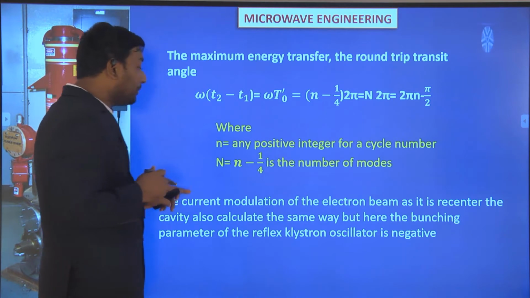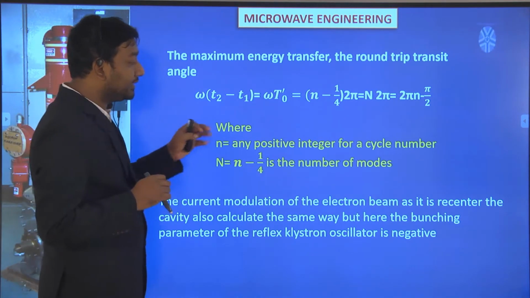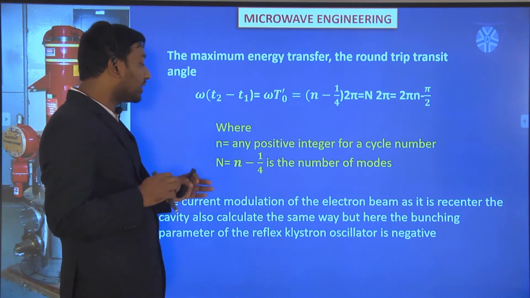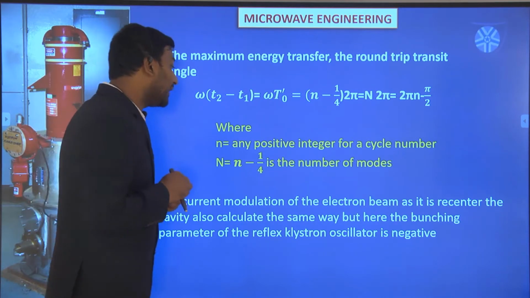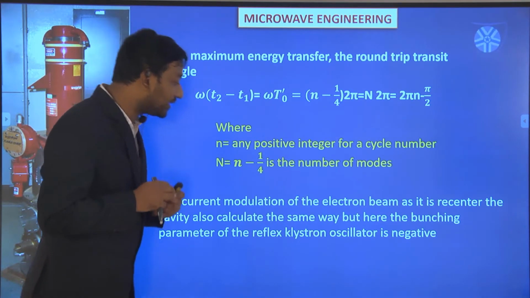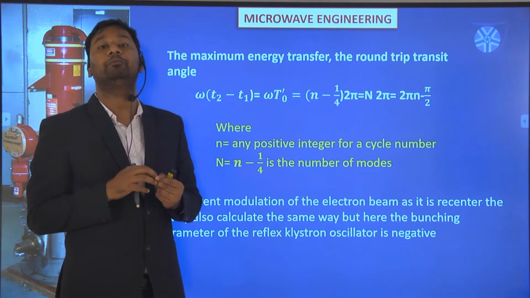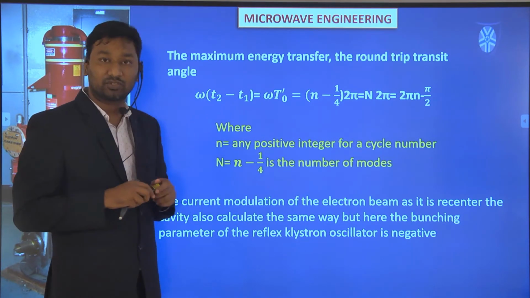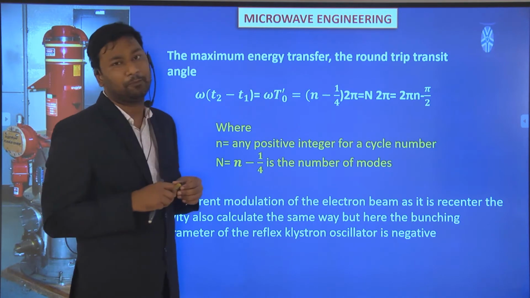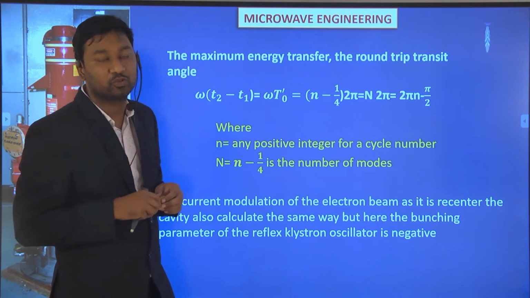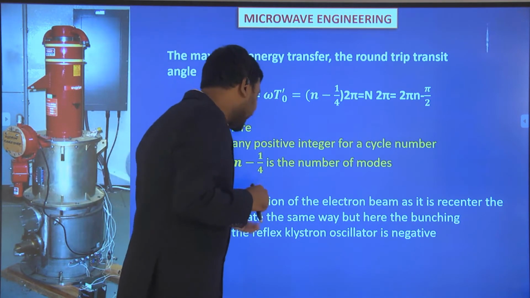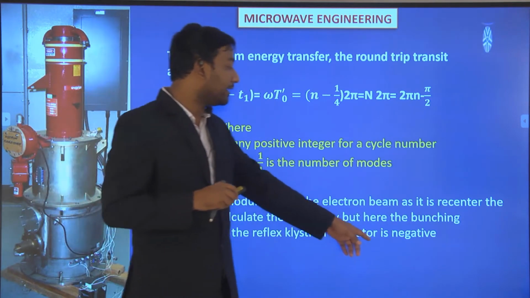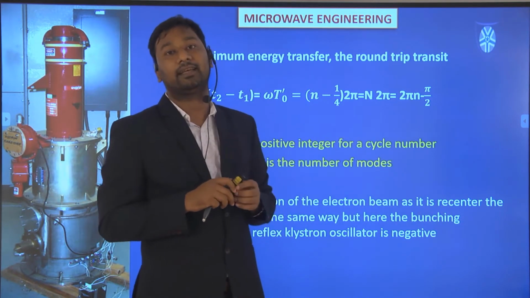Now the current modulation of the electron beam as it re-enters the cavity is calculated the same way, but the bunching parameter of the reflex klystron oscillator is negative. The procedure is the same as in the earlier two cavity klystron case, but in the reflex klystron oscillator the value of the bunching parameter is negative.